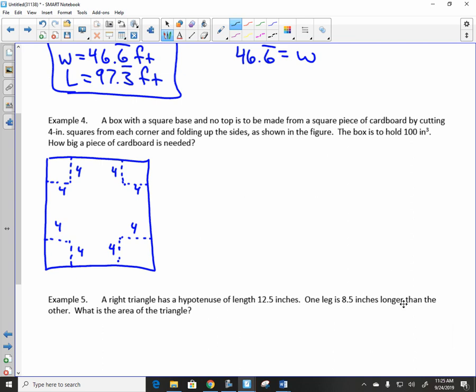So when I fold those sides up, it says I can be left with a square base, correct? I'll call it x by x. I'll draw a 3-dimensional view of what it would look like if you folded it up.